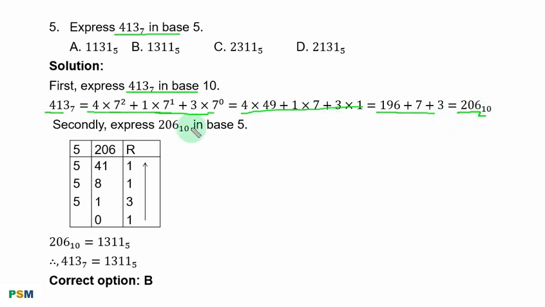Secondly, you express the number in base 10 to base 5. The process is continuous division until the last result is 0.